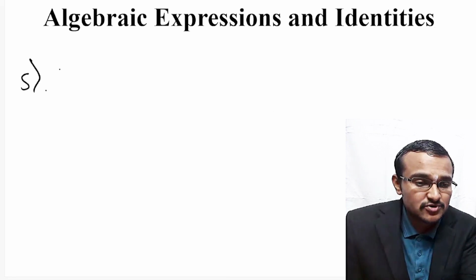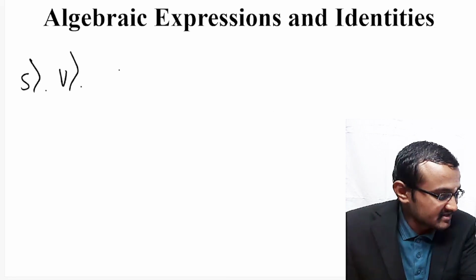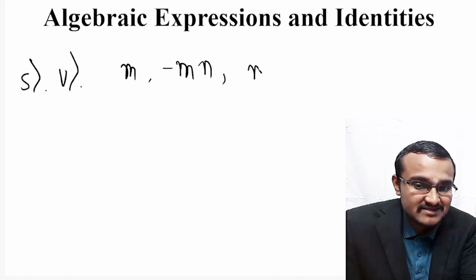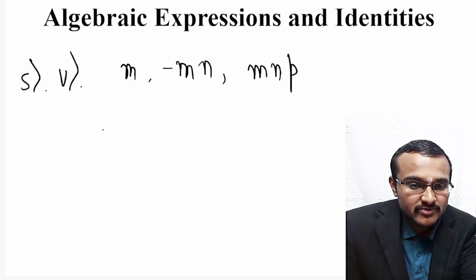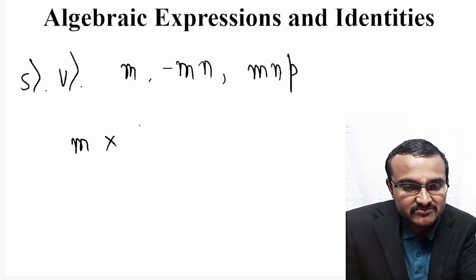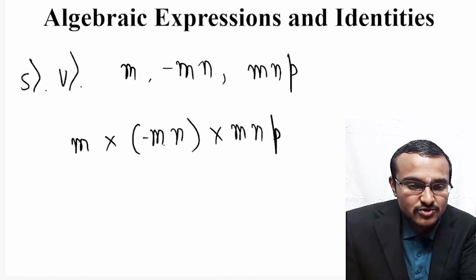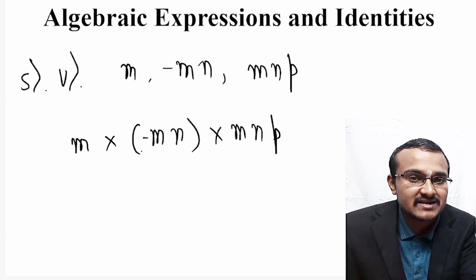So coming to the third question in this particular fifth question, there they have actually given m, minus mn, plus mnp. So when you perform multiplication between these three algebraic terms, it will be m into minus mn into mnp. So minus mn means it is actually minus 1 into mn.